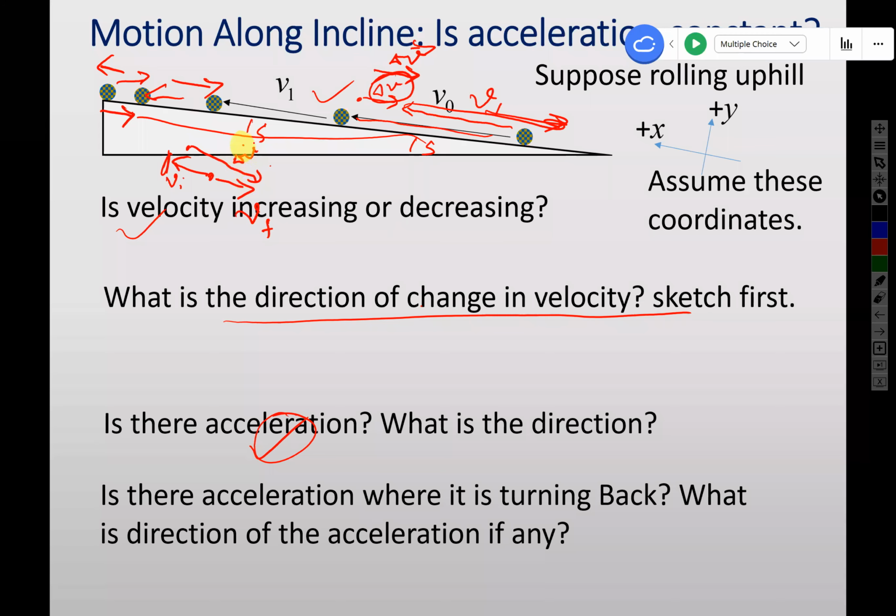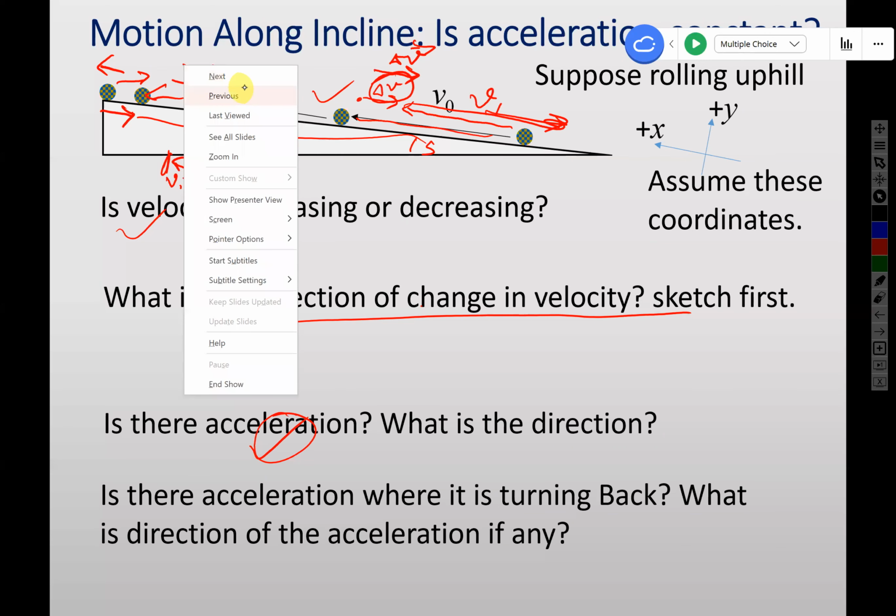So delta V, see, there is acceleration and it's pointing down. So velocity is 0 instantly, but that does not mean acceleration is 0. To find acceleration, we need change in velocity, not velocity, but change in velocity. At another time, if you go a little past that 0 velocity time, then there is velocity. So when you take account of that new velocity and 0 velocity, the difference is the change, and the difference is not 0. Okay, so that means there is acceleration even when it's turning.